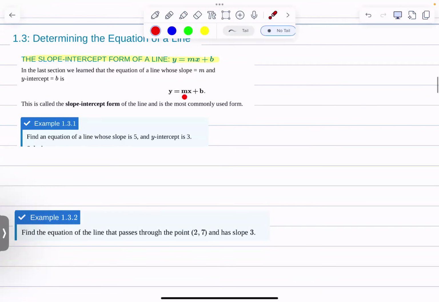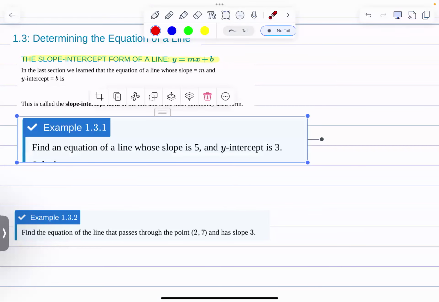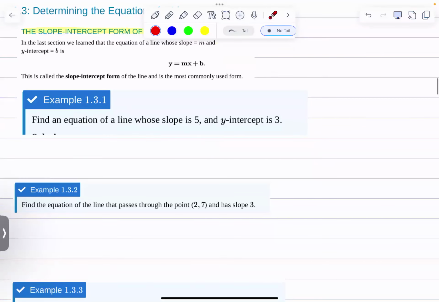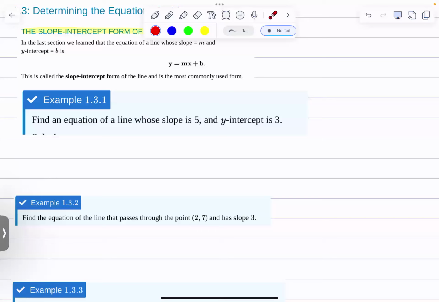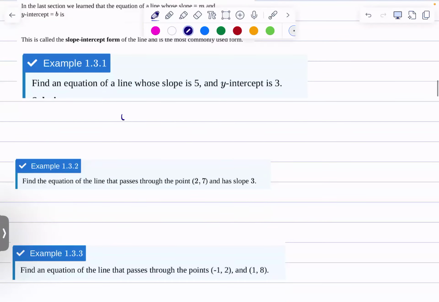Now, remember, m is the slope and b is the y-intercept. I think the first example is pretty cute. Find an equation of a line whose slope is 5 and a y-intercept is 3. Where I would recommend that you start, whenever it says find an equation of a line, is by writing y equals mx plus b.